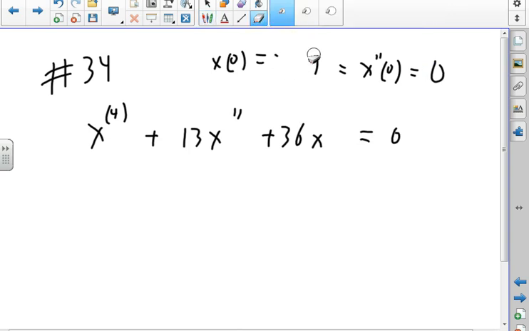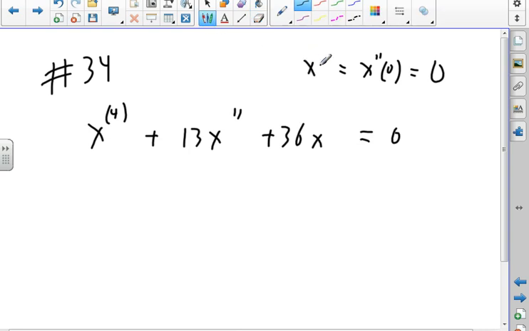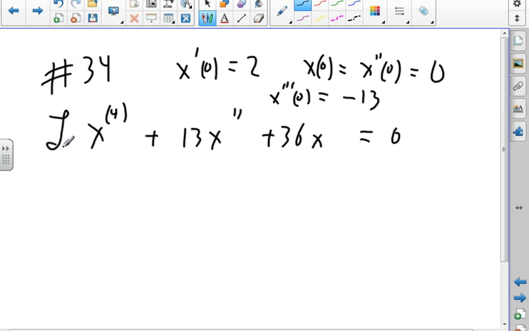But x prime at 0 is 2. And x triple prime at 0 is minus 13. I almost missed that one. Okay. Keep our wits about ourselves. Don't overreact to the obvious.